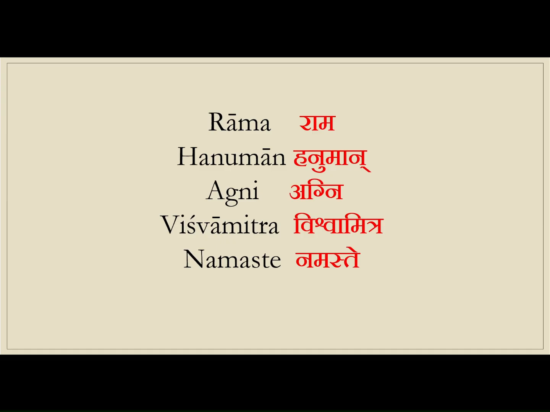Here are a few examples. In the first word, the word is Rama. Both R and M are being followed by a vowel. In the case of R, it is a, and in the case of Ma, it is a. So Rama. But the next example is Hanuman.